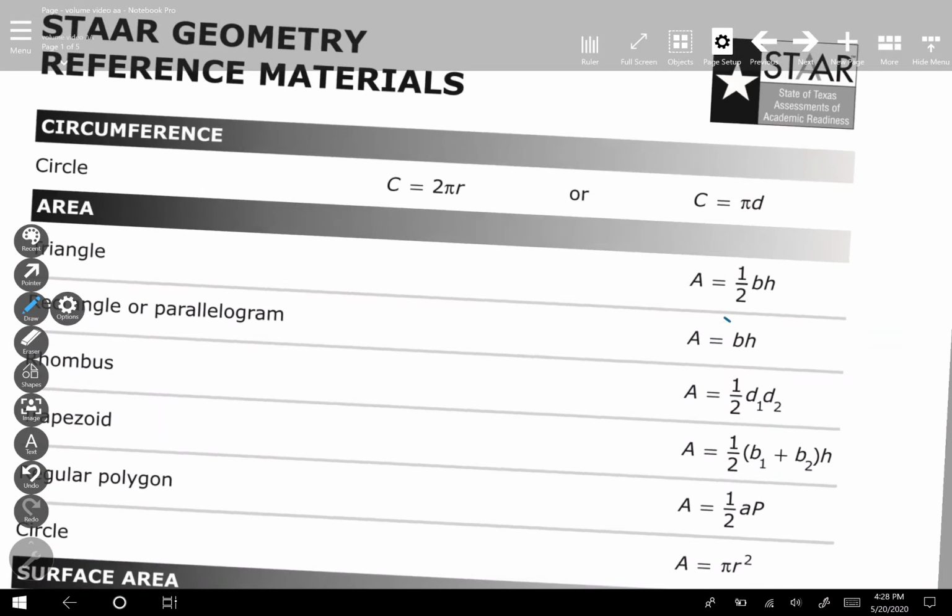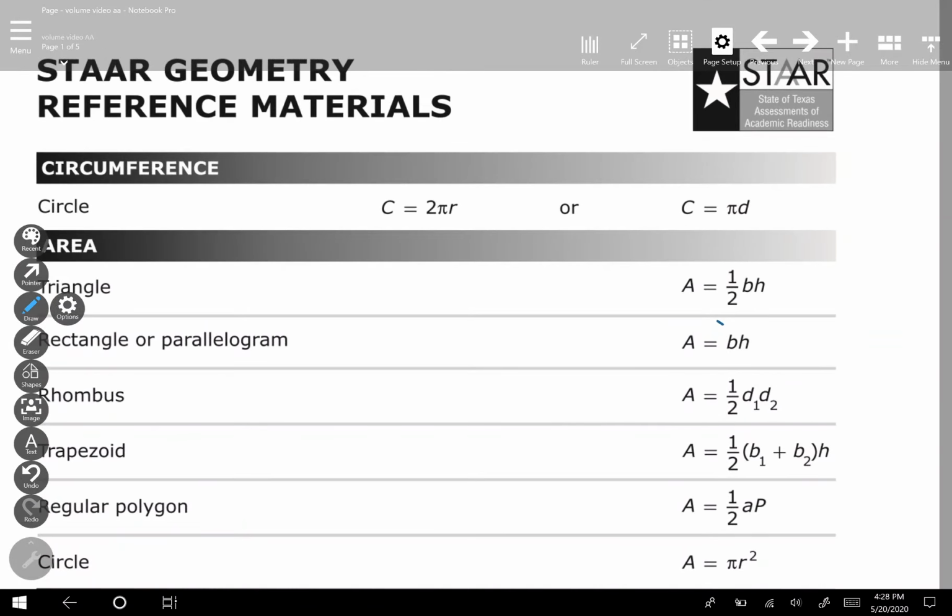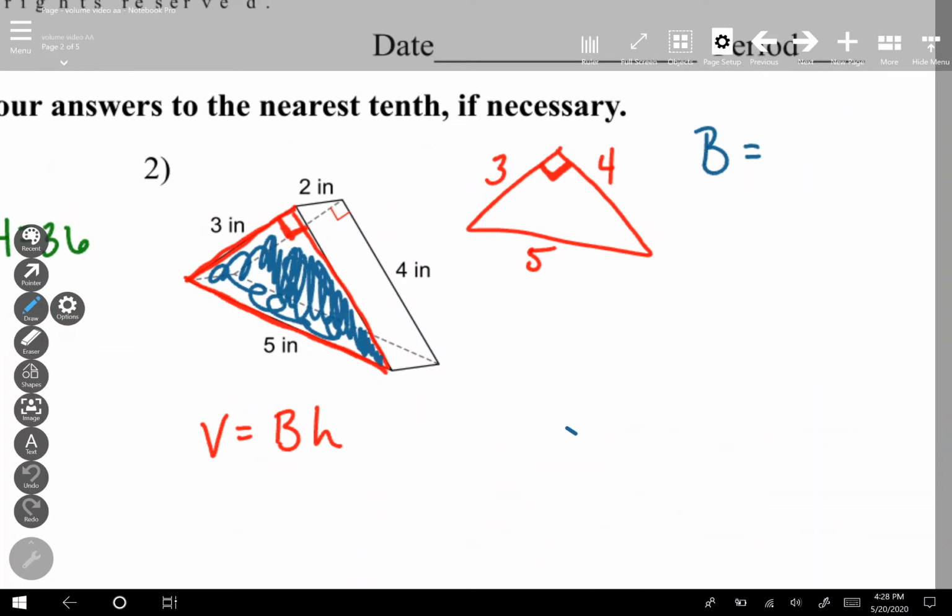What's the formula for the area of a triangle? A equals 1/2 base times height. Okay, so let's go back here. So right now I'm concentrating only on the triangle. Okay, and remember your base and your height are at a right angle to each other. So which two sides of the triangle are connected to this right angle? Which one is making that L?